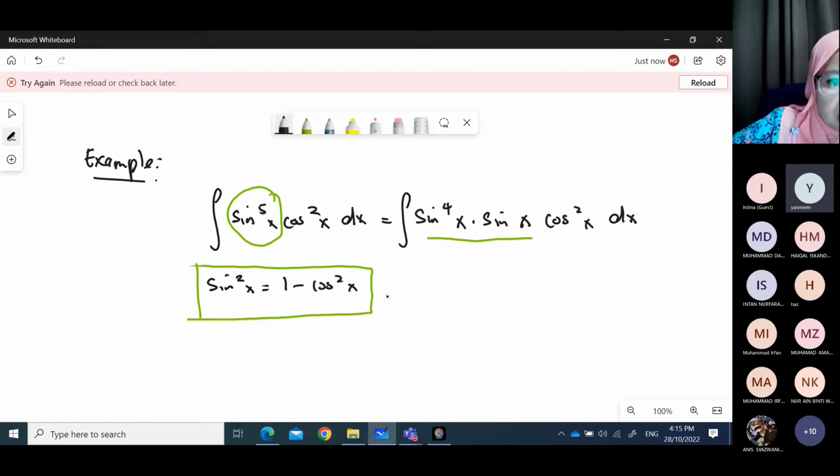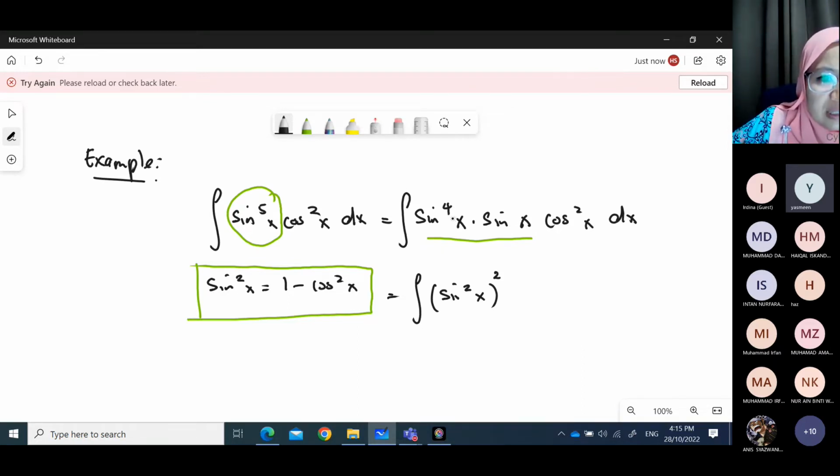Jadi apa you kena buat adalah you kena faktorkan dia, jadikan dia sin kuasa 2. So how to factorize for sin to the power 4 as a sin squared? So yang ni 4 punca kuasa 2 adalah kuasa 2. Ataupun you boleh faktorkan sebab dia ada 4 kat sini. So maknanya dia adalah sin squared x, the whole thing to the power of 2. So 2 power of 2 is 4.